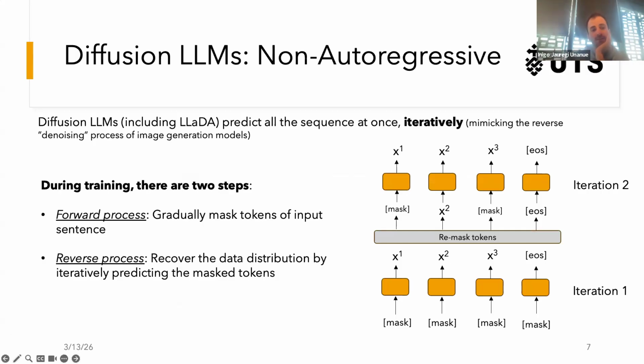So it's the same in text: a forward process where we try to add noise to the text, usually by masking tokens in this paper, but there are other approaches too, like word replacement or other things. And then the reverse process, where the model, when it's training, needs to try to increase the probability of the ground truth of those masked tokens, and at inference, just try to predict the correct one with argmax or whatever decoding approach is used.